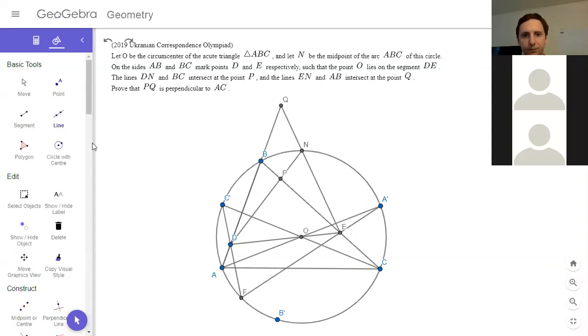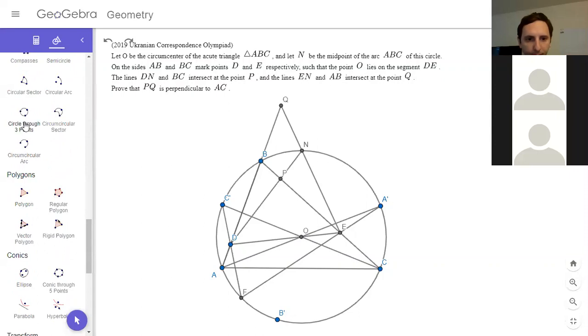It's all right. Let me see if I can find some cyclic quads. So yeah, we have a lot of primes. So yeah, B, D, B prime. Yeah, I'm not sure what the right strategy is here.